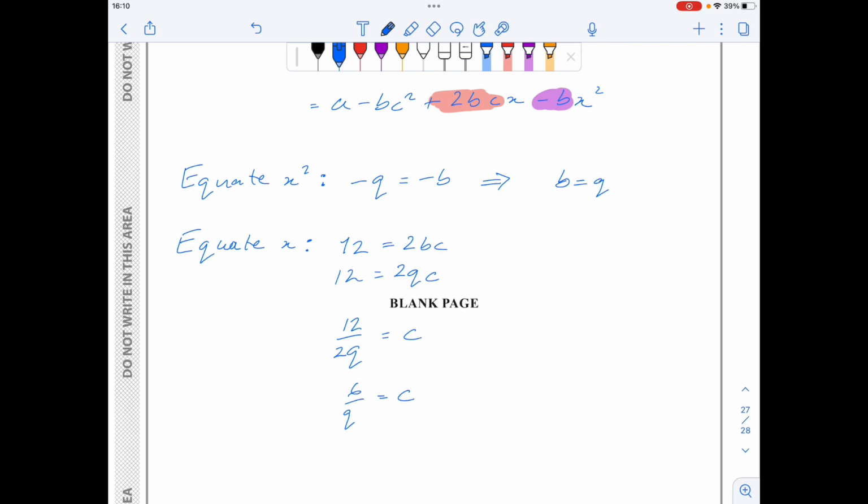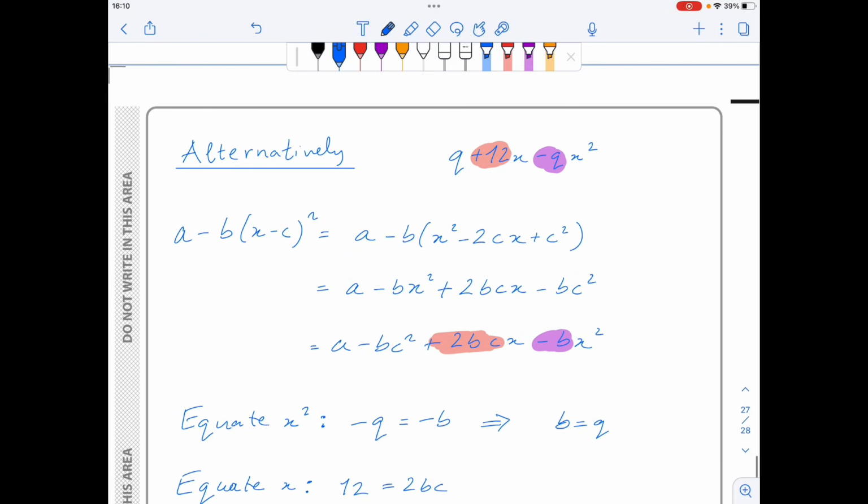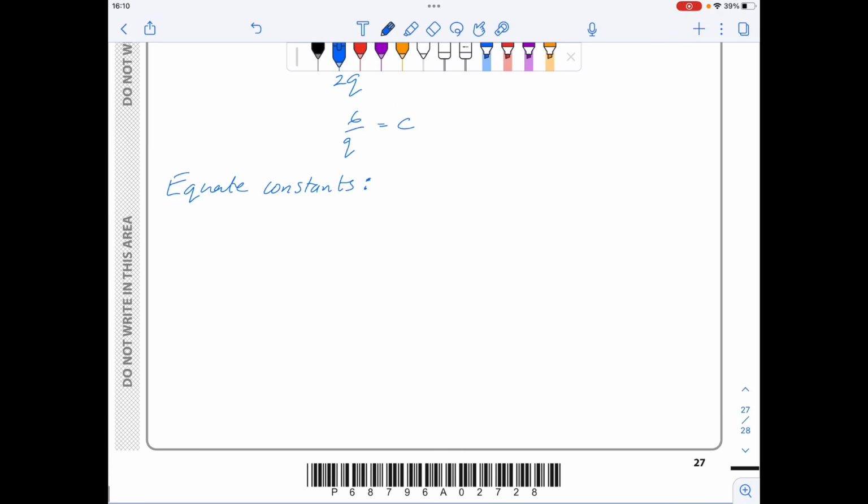Finally, I will equate constants. In the original expression, I have a q. In the target expression, I have a minus bc squared. So q equals a minus bc squared. a is equal to q plus bc squared. I know b and c.